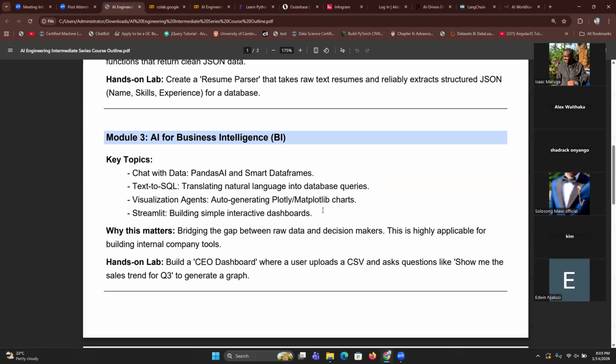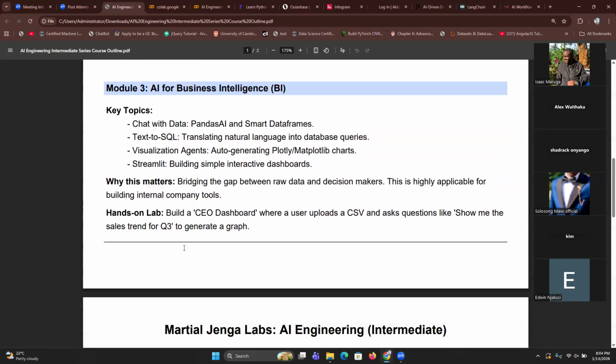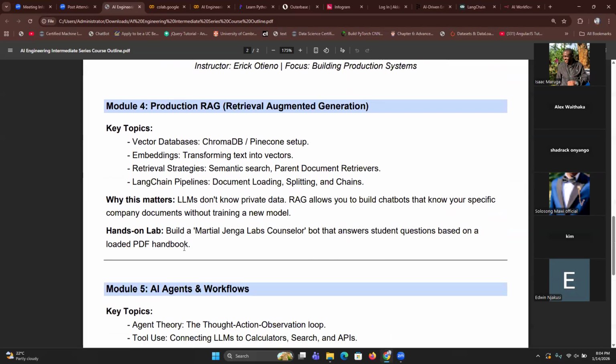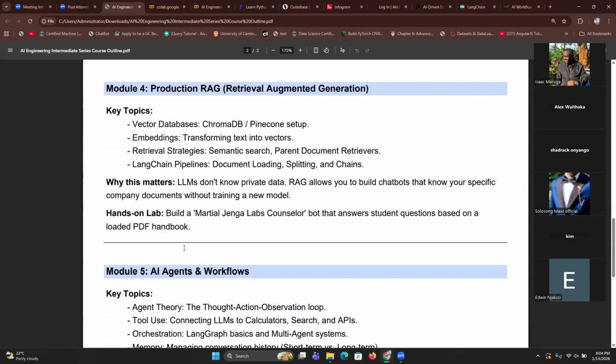This is highly applicable for building internal company tools, which a lot of companies are really looking for people who can use AI to transform their data into decisions. From there, we are going to go into development. We are going to see how to build production-ready AI products.